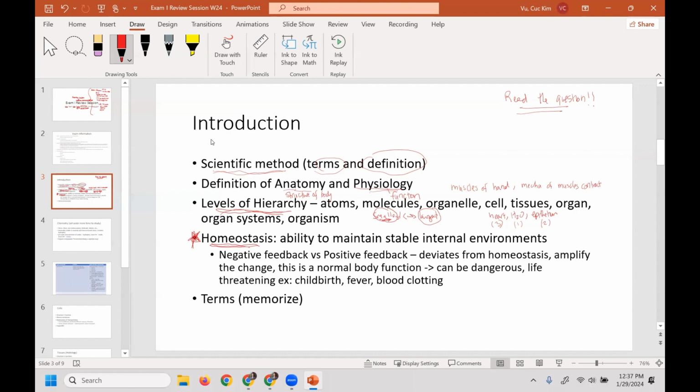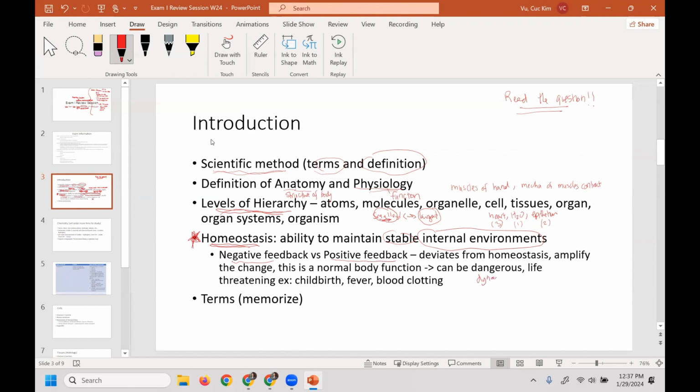It's so important. So make sure you understand the basics of homeostasis, the definition: the ability to maintain a stable internal environment. And of course, that's just the very basics. You need to know how that happens. So what's the difference between negative feedback and positive feedback? There's also dynamic equilibrium.